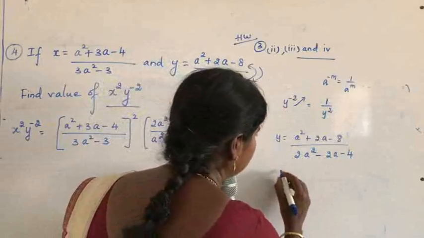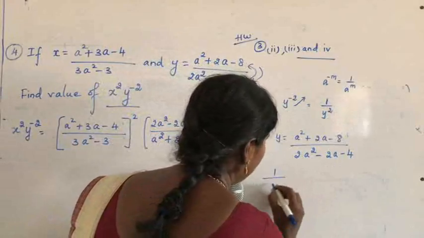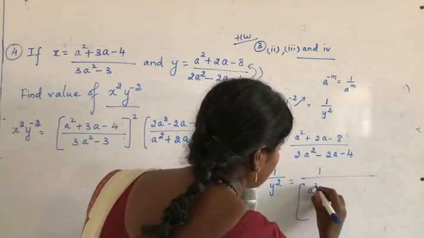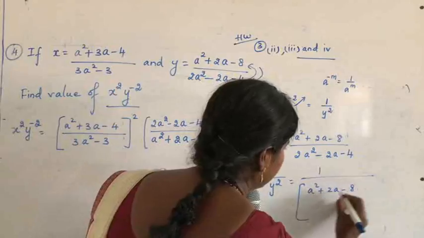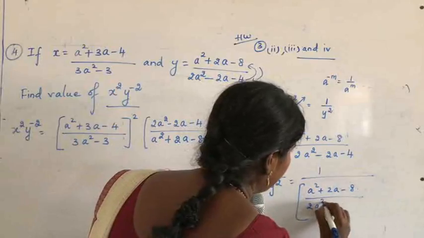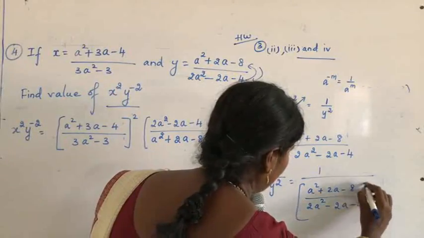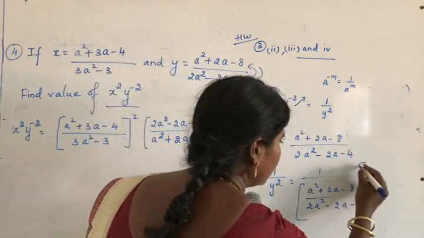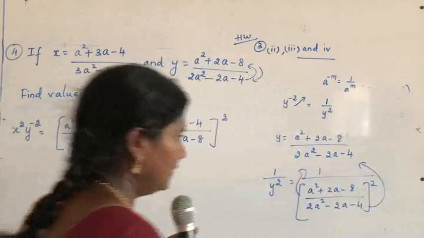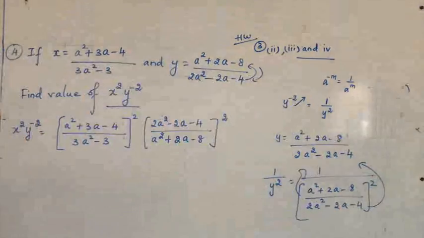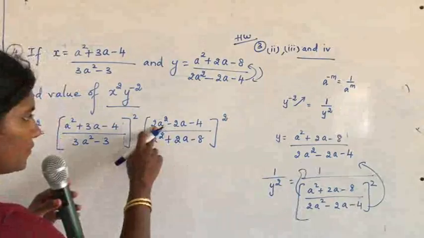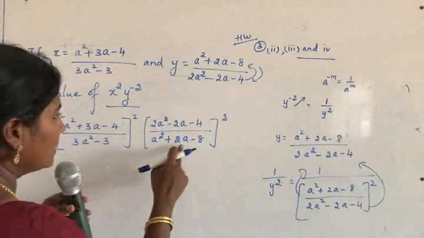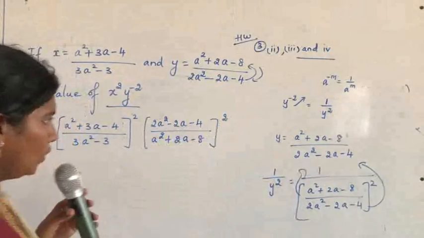So this becomes 1 upon a square plus 2a minus 8 upon 2a square minus 2a minus 4 the whole square. 1 upon means the numerator part and the denominator part will be interchanged. So what you get is 2a square minus 2a minus 4 upon a square plus 2a minus 8 the whole square.